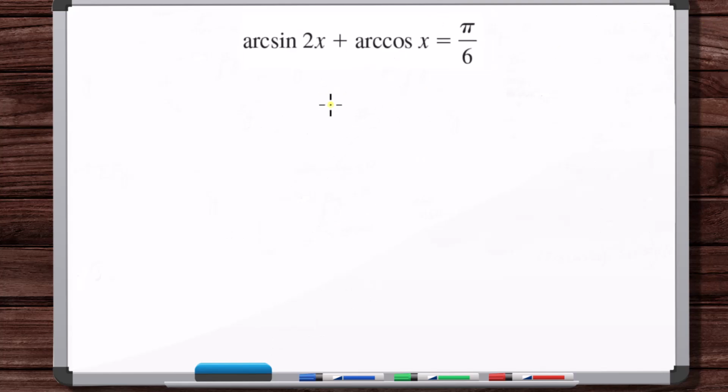Okay, now this is a little bit more complicated because now we've got these two different inverse trig functions, arcsine and arc cosine, but neither one of them has just a non-variable argument that we can evaluate. So, okay, what we're going to need to do is subtract either one of these from both sides. Let's subtract arc cosine from both sides.